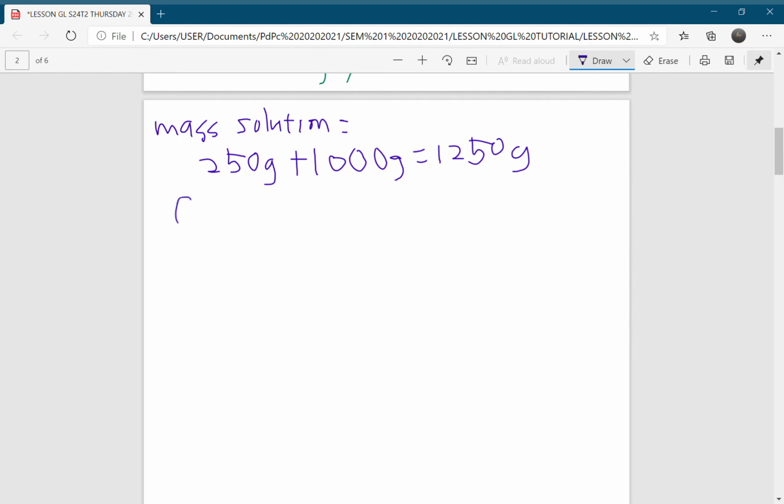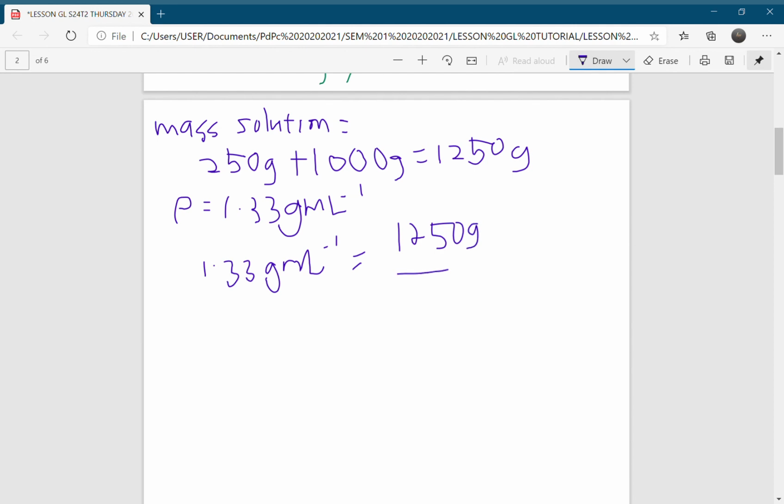By using the value of density, 1.33 gram per ml, we substitute into the density formula of solution. So 1.33 gram per ml is equivalent to the mass of solution 1250 gram over volume of solution.